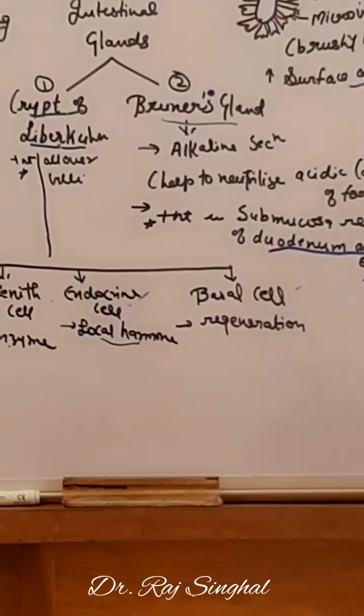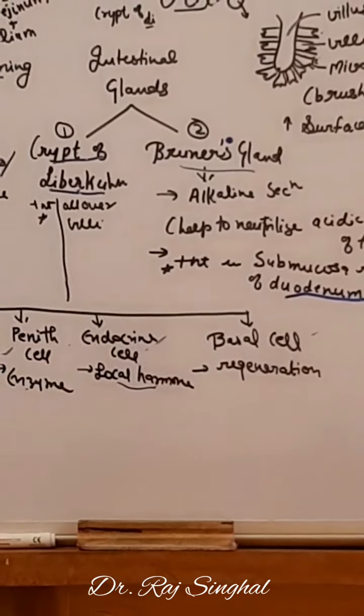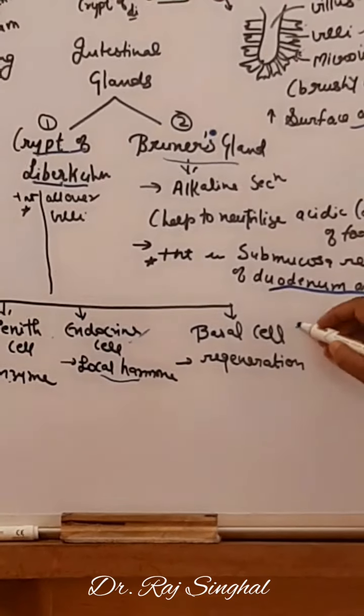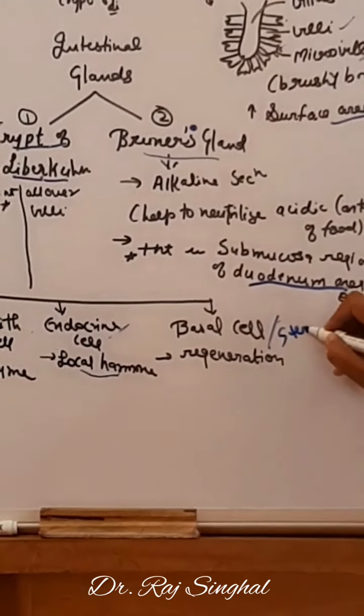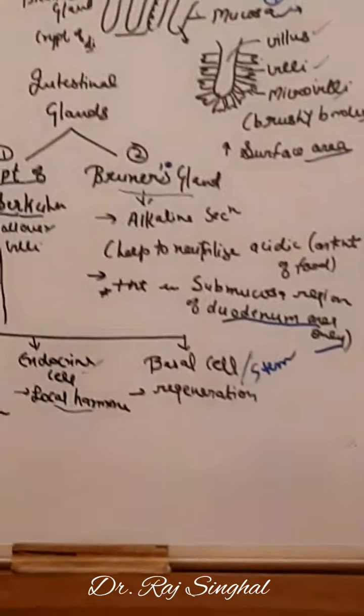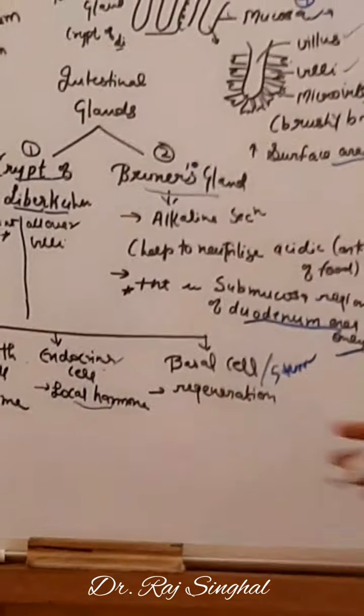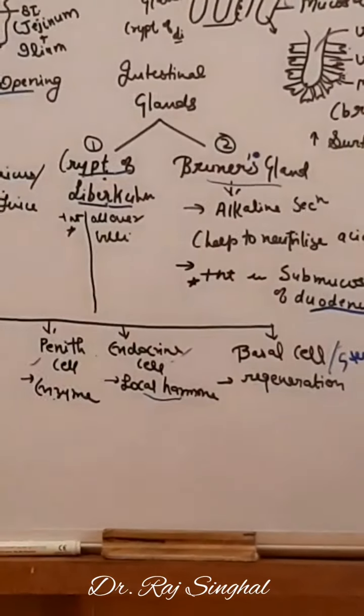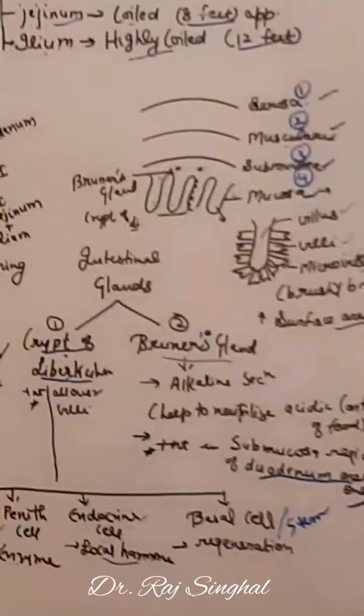Local hormone means they perform their function at the place of release only, and basal cells, also called stem cells, help in regeneration. These different types of cells are present in crypt of Lieberkühn, which are distributed in different parts of villi.